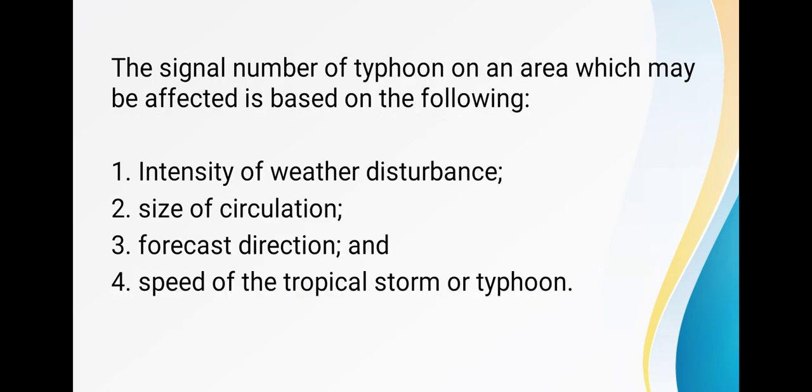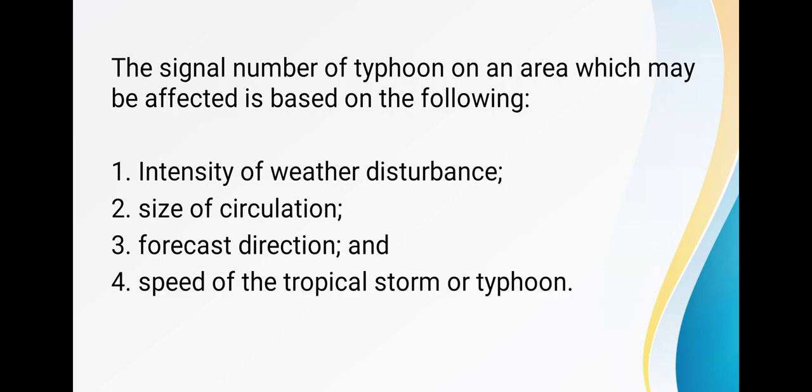The signal number for an area which may be affected is based on the following. Number one, the intensity of the weather disturbance, whether it is just a simple typhoon or a super typhoon. Number two, the size of circulation. So we are pertaining here to what particular area can be covered by that typhoon.